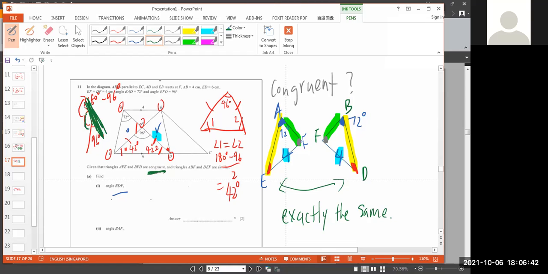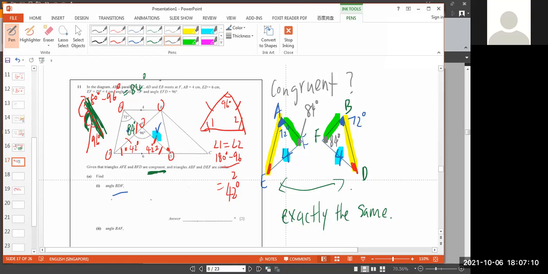So you just need to find the other side of it. So it's 180 minus the 96, which is 84. So that means this part is 84. Once you can find this part 84, basically you can find this one already. So this is 84. It means this one is also 84.